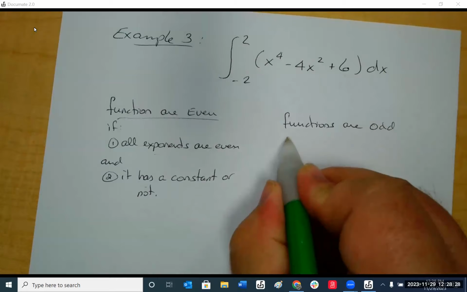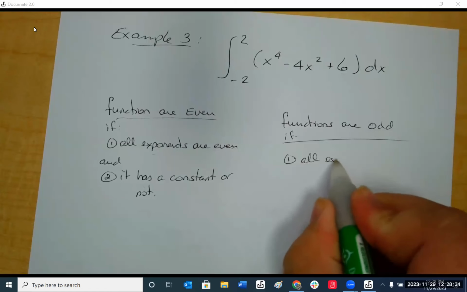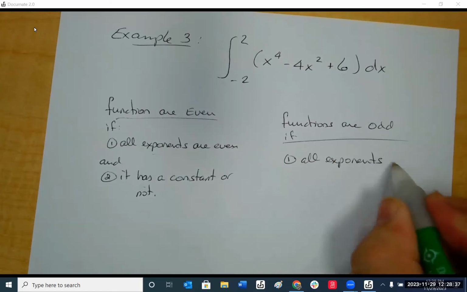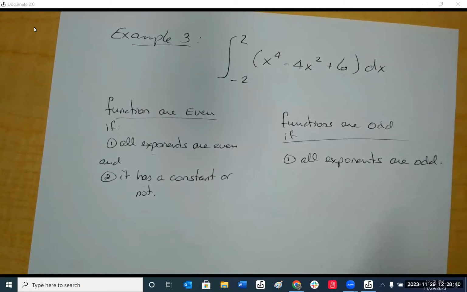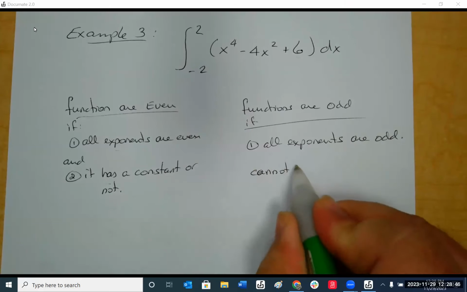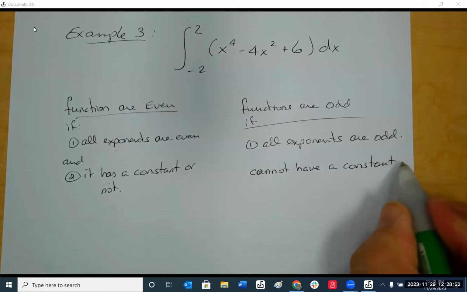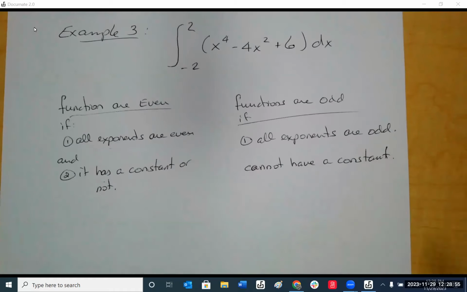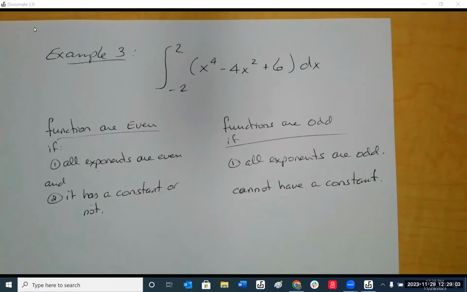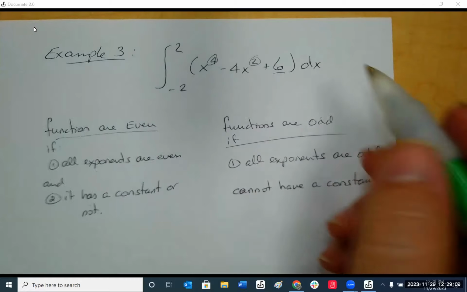Functions are odd if all exponents are odd. That's the only one. It cannot have a constant. That's from algebra. So since all the powers are even and it has a constant term, that's an even function.